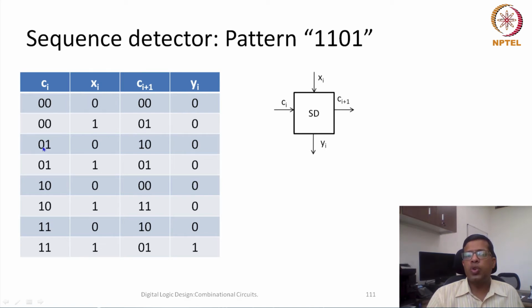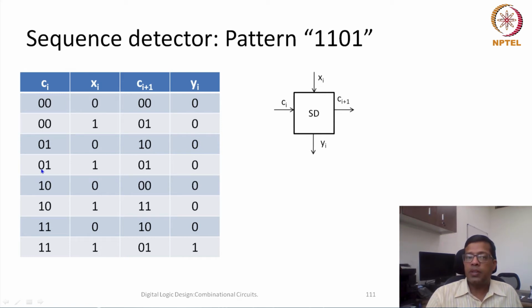Now in case of 0 1 input, that means one bit has already matched. Now the current input is 0. If the current input is 0, that means these two bits have already matched, so the output will become 1 0, and output yi still remains 0.